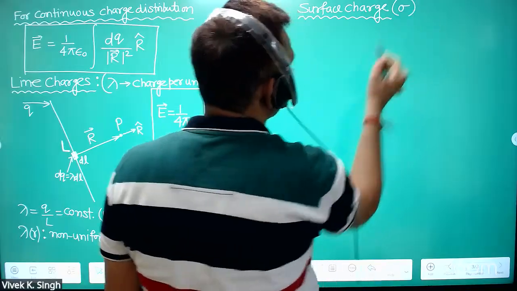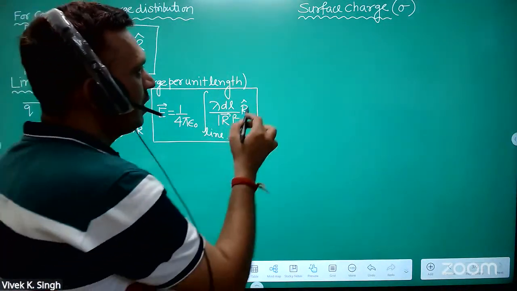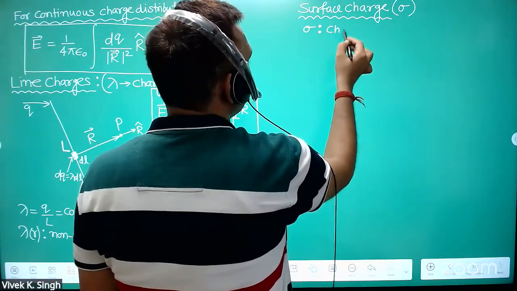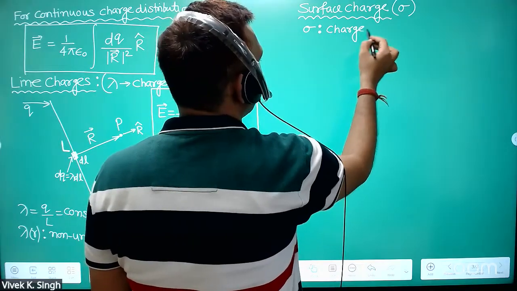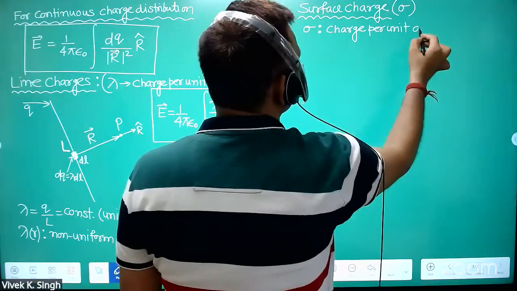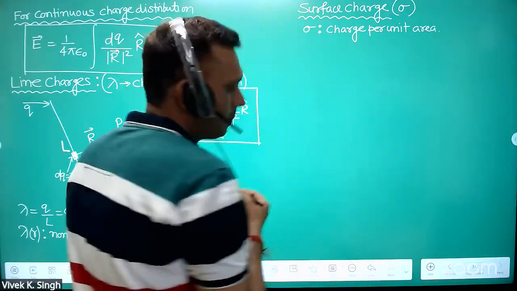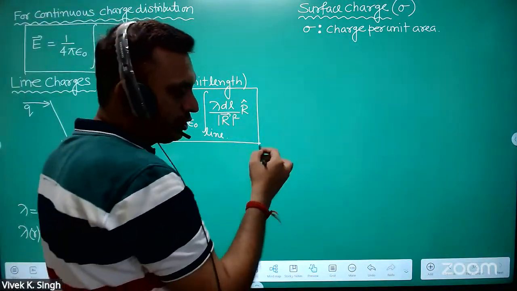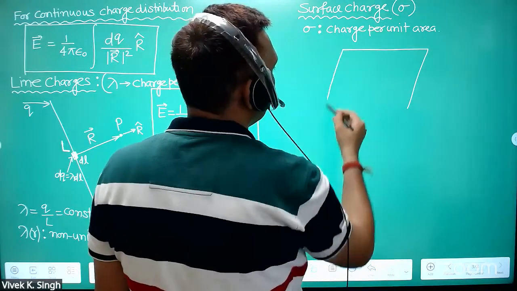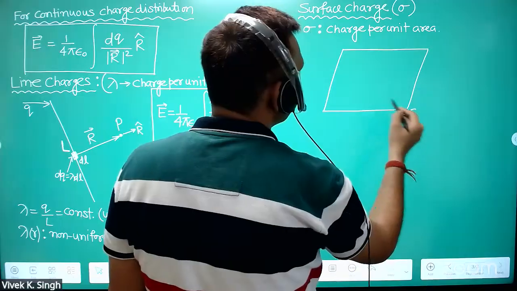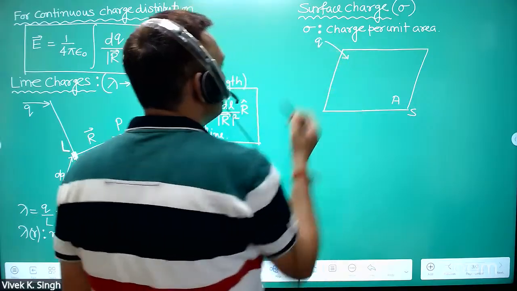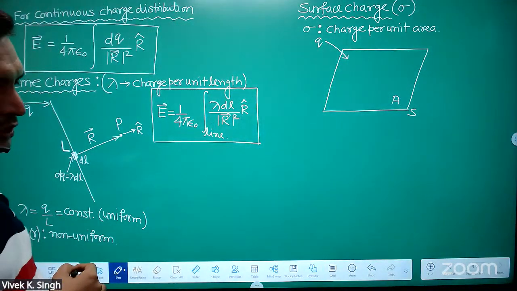Surface charge density is sigma. And this sigma is charge per unit area. So charge is distributed over the surface. Let us consider we have some surface S whose area is A and charge Q is uniformly distributed over this surface.